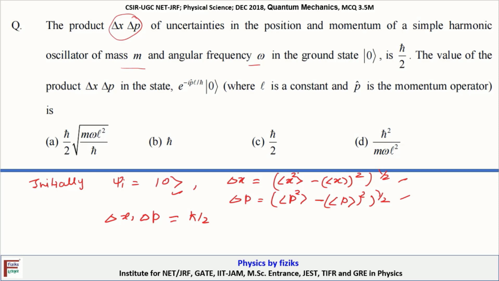Now, the question has changed psi to e to the power minus i p l by h cross into psi 0. That's the question's defined psi, and for this psi we have to determine delta x and delta p.